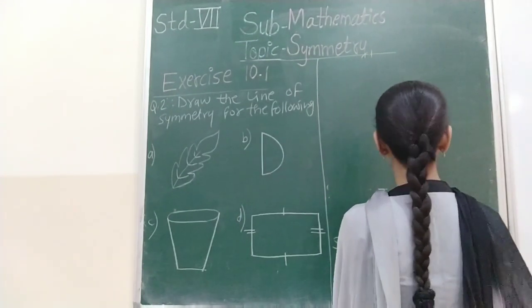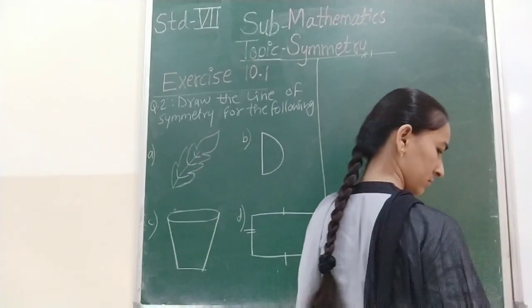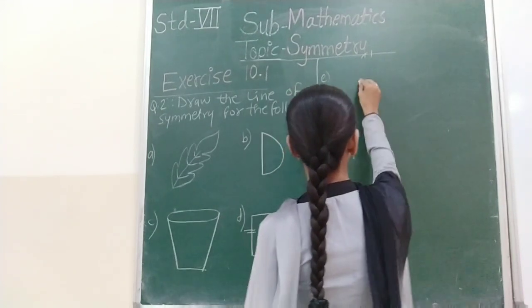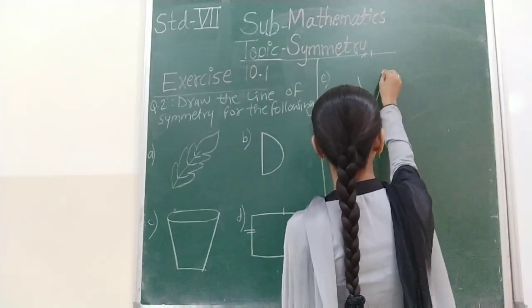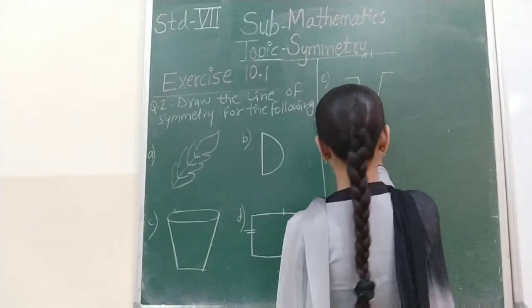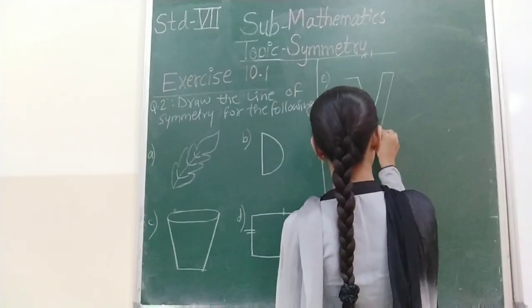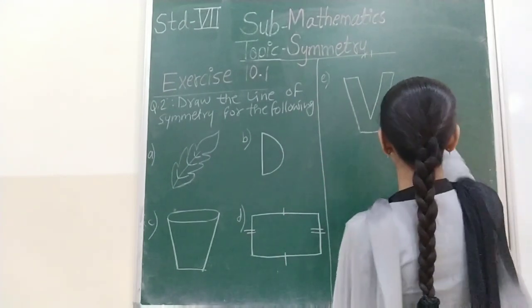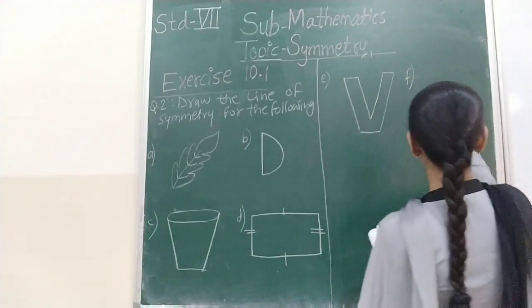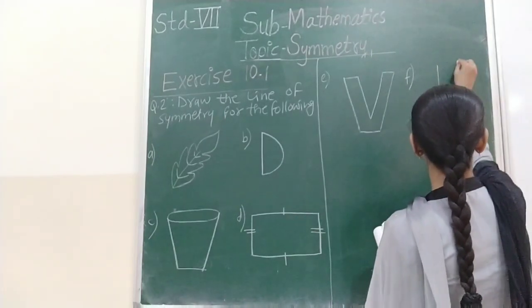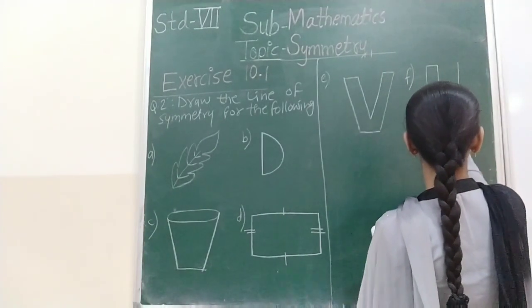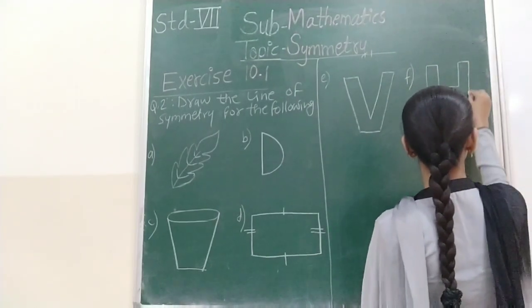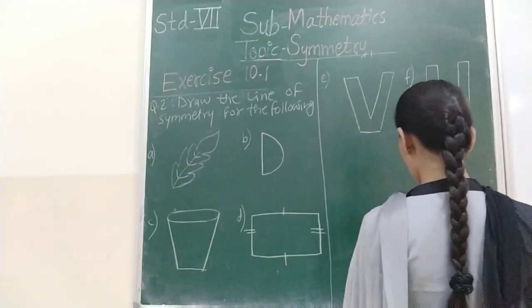Okay students, now the next is a figure of V, E. Okay, now the next is a figure of H. We have to draw the line of symmetry.